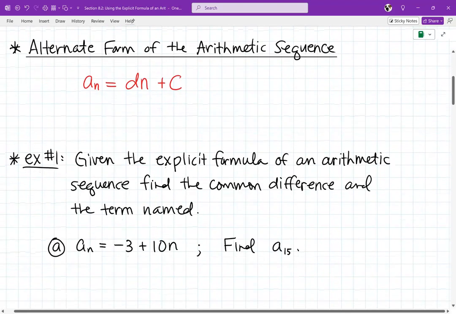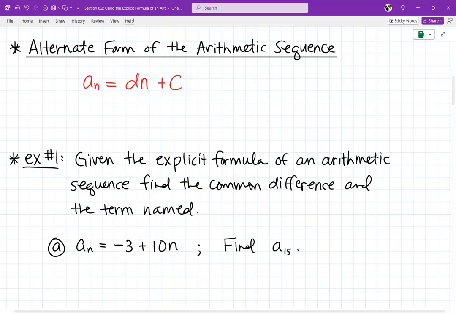Example number 1: given the explicit formula of an arithmetic sequence, find the common difference and the term named. In other words, they're going to give you the actual formula. So they did: a sub n equals negative 3 plus 10n. And then they say, find the 15th term.